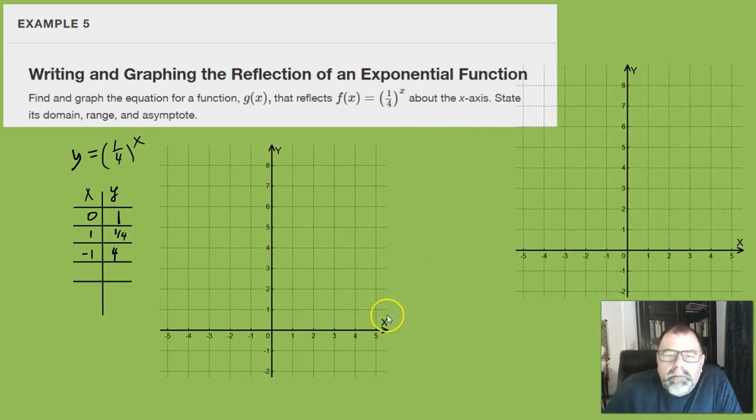Okay, so we have 0, 1, 1, 1/4, and then, oh no, I messed up there. Then this would be 1/16. That other one was going to be the reflection. Okay, so again, we call this an exponential decay.